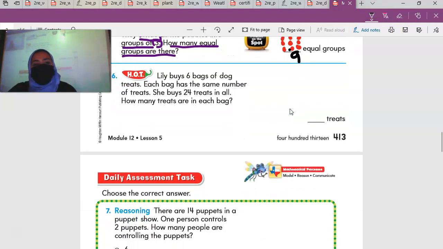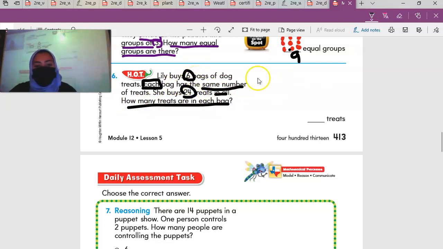Lily buys 6 bags of dog treats. How many bags? 6. Each bag has the same number of treats. She buys 24 treats in all. How many treats are in each bag? She buys 6 bags and there's 24 in all.